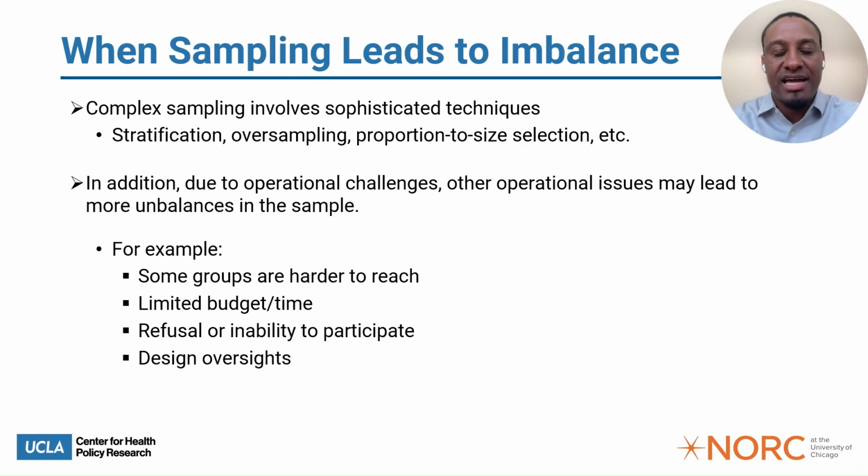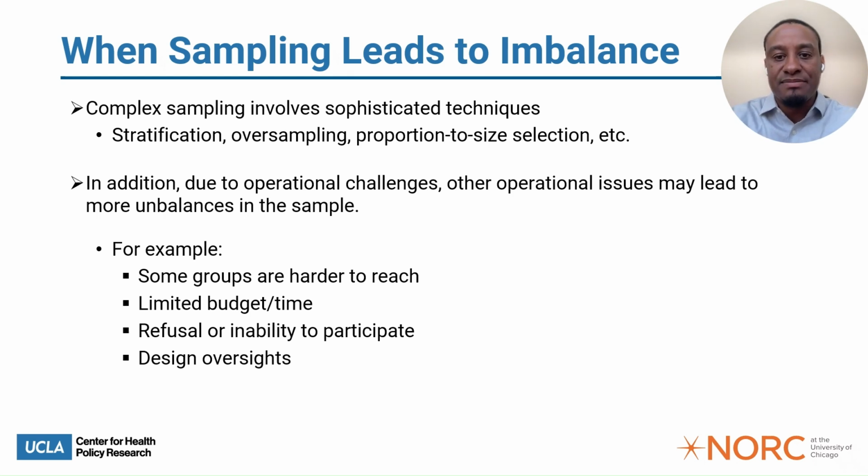In the previous slide, we saw that some imbalances may be due to our sampling design. So in this one, we will be looking at some examples of imbalances due to sampling. In complex sampling, we often use sophisticated techniques like stratification and oversampling. Stratification is a technique where we partition or split our population into groups, and we select independently within each group.